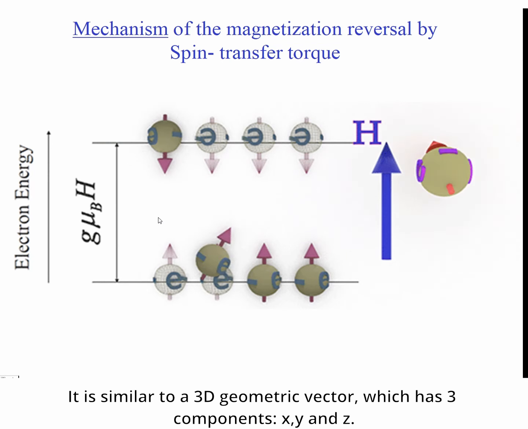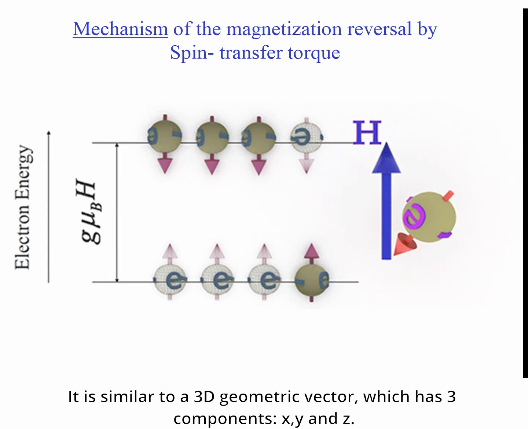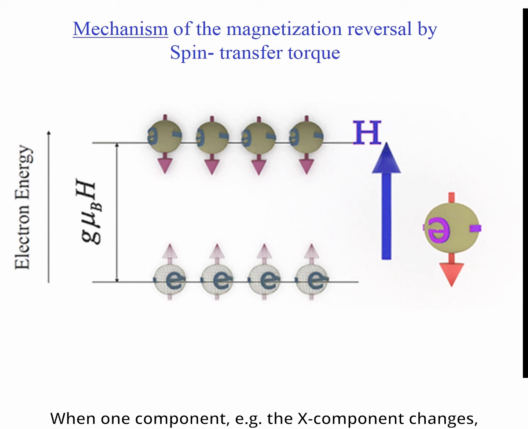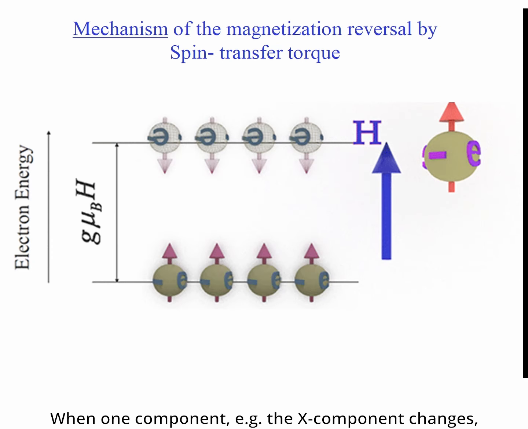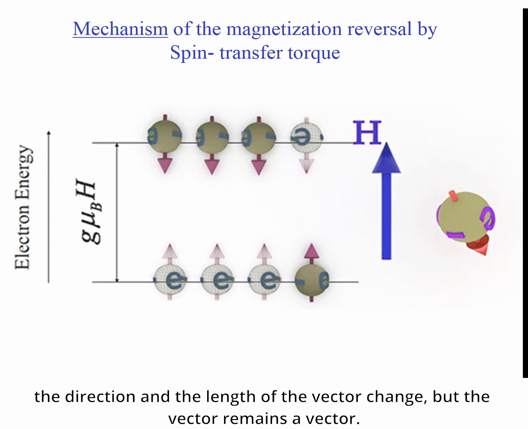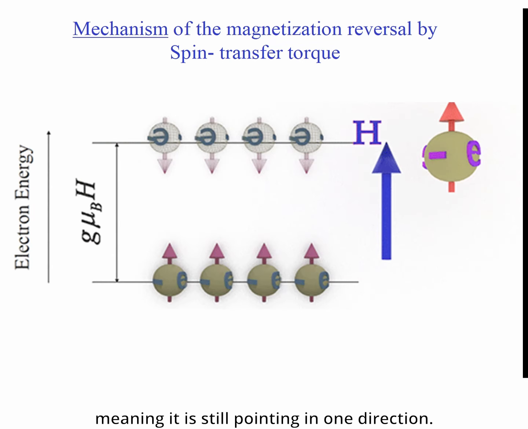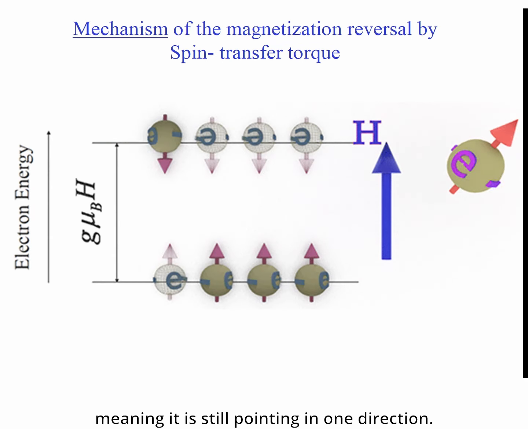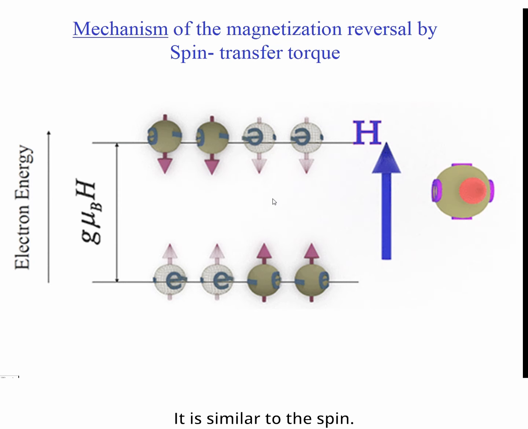It is similar to a 3D geometric vector which has 3 components, x, y, and z. When one component, for example this x component, changes, the direction and the length of the vector change, but the vector still remains a vector, meaning it is still pointing in one direction. It is similar to the spin.